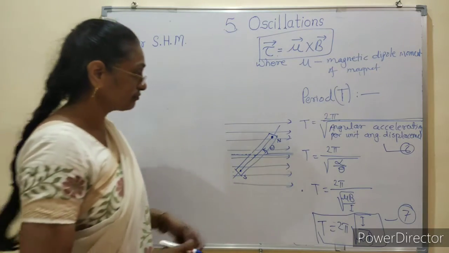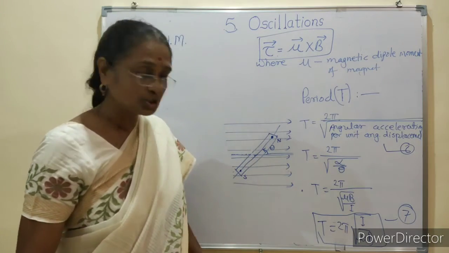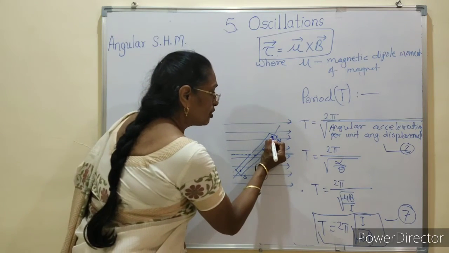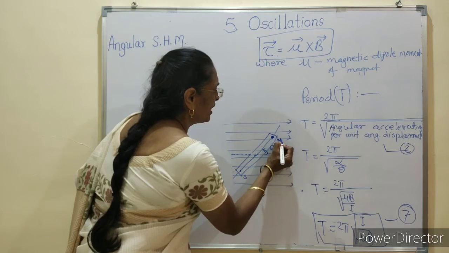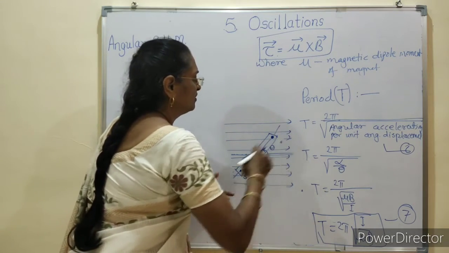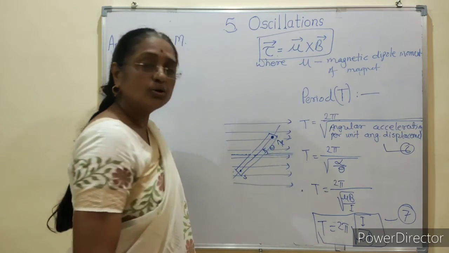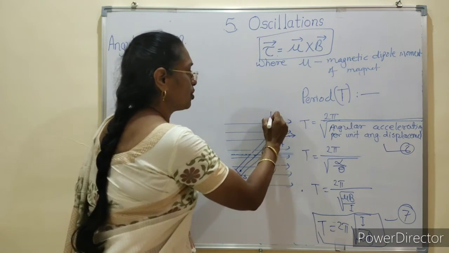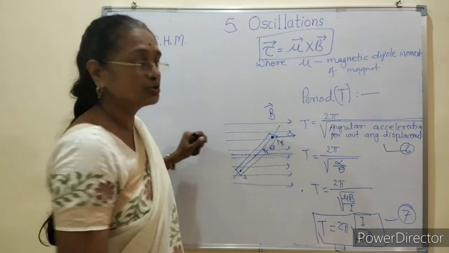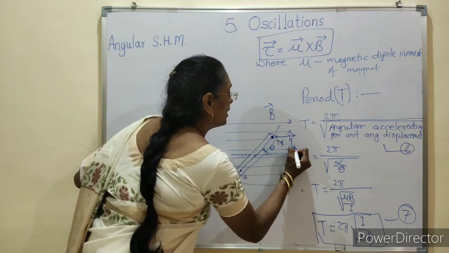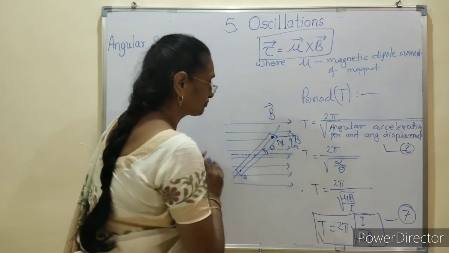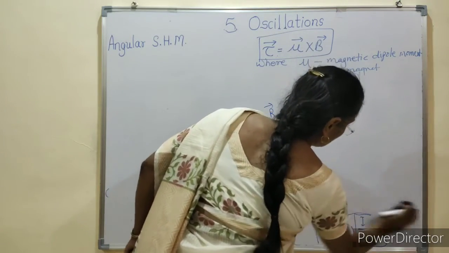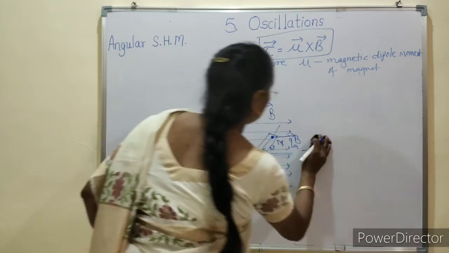In the displaced position of the bar magnet, when the north pole is shown by letter N, on this pole of the magnet the force acts. That force is denoted by Qm into B.